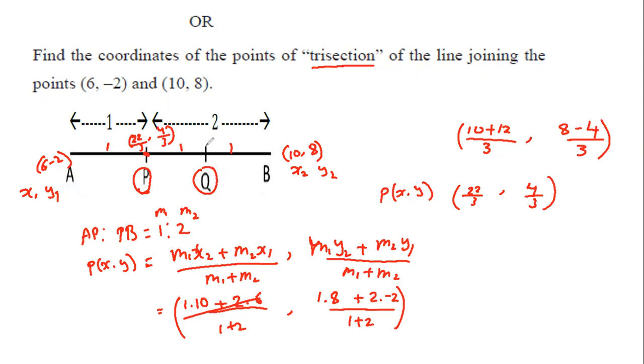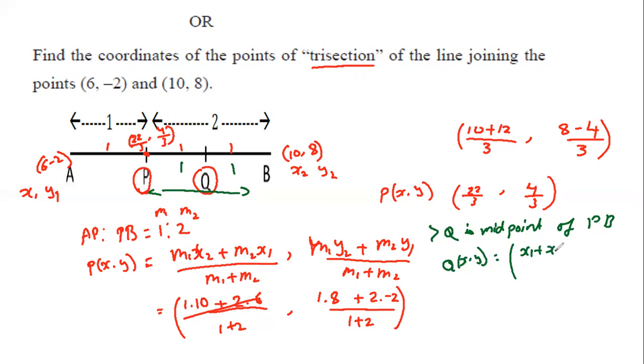Observe here, for P to B, 1 is to 1, right? So then Q is the midpoint of PB. Then directly apply Q of x comma y is equals to (x1 plus x2) divided by 2 comma (y1 plus y2) divided by 2.